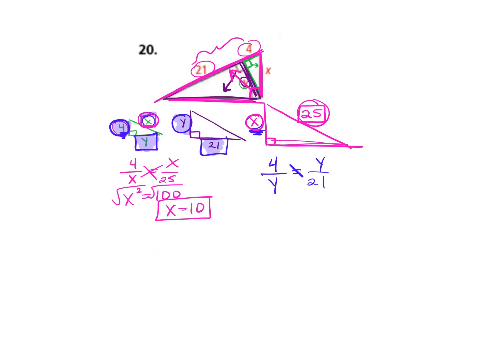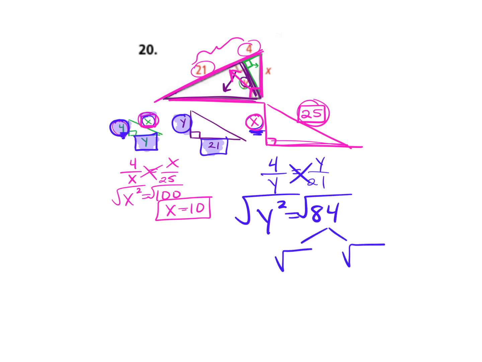And then we're going to cross multiply that. So y squared equals 84. And then we're going to square root that. And the square root of 84, the perfect square that 84 is divisible by is 4 and 21. So this is going to be y equals 2 times the square root of 21.